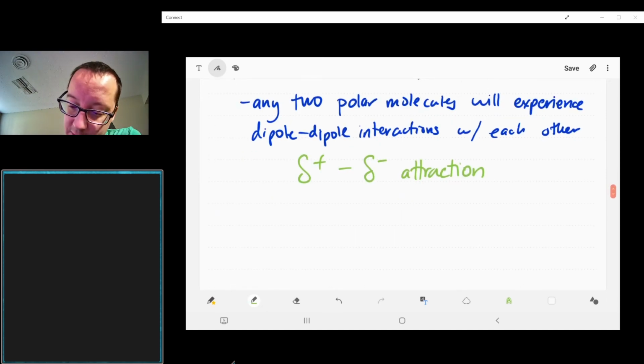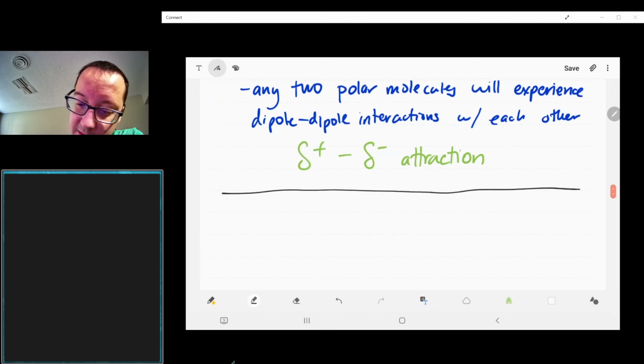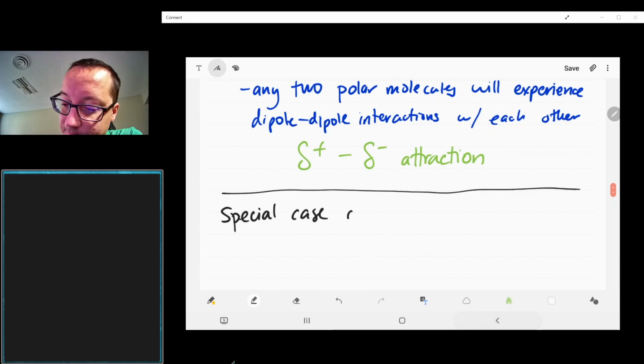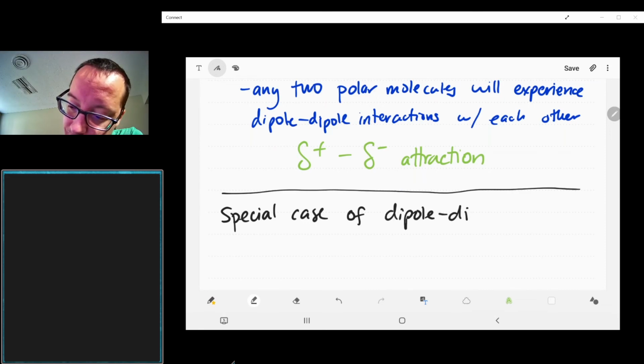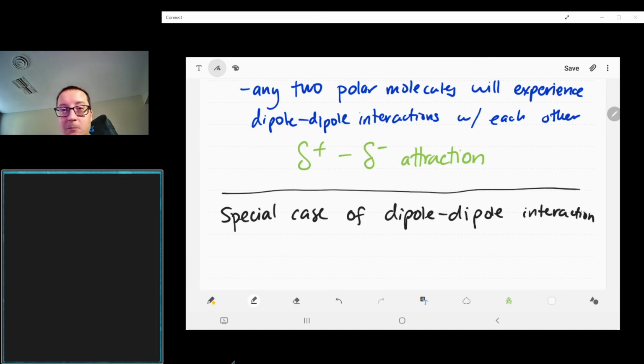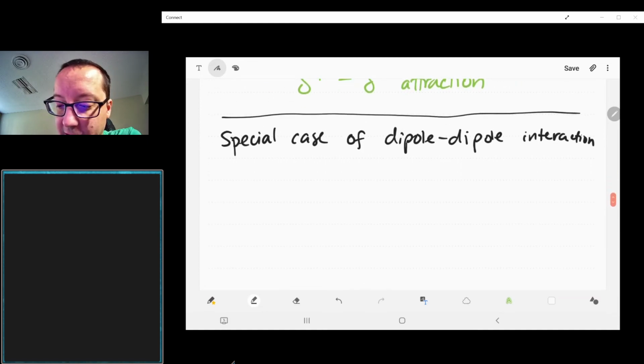So, our next one, we're going to see a special case of dipole-dipole interaction. And we're going to see that this one will involve hydrogen.